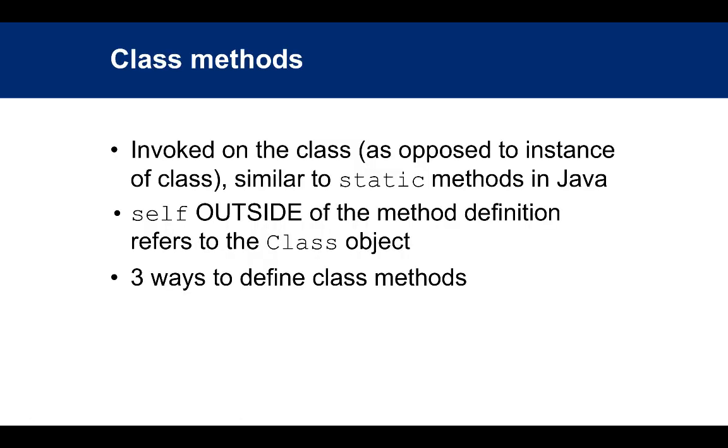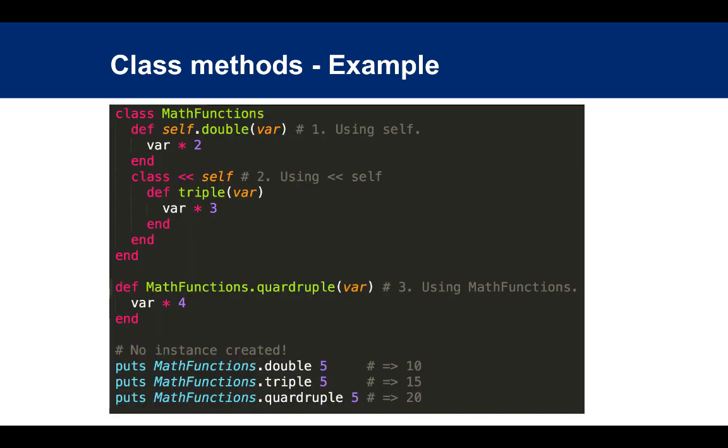Now, Ruby also has this notion of class methods, which are invoked on the class as opposed to the instance of a class. So this is similar to static methods in Java, if you're familiar with those. And the way you define those is by specifying self outside of a method definition, and that refers to the class object versus the class instance object. And there are actually 3 ways to define class methods.